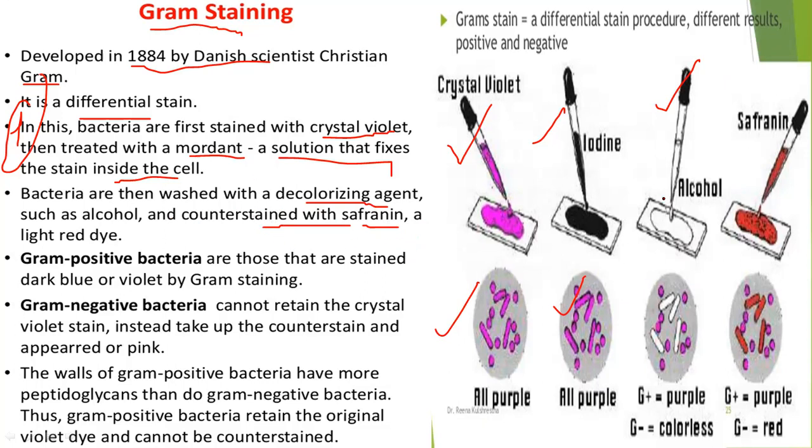So what is the result? After treating with safranin, some bacteria do not retain the color when we treat them with alcohol, so they get decolorized. When we treat them with safranin in the last stage, they get a red color. Some bacteria didn't get the safranin red dye, but some bacteria got this color.